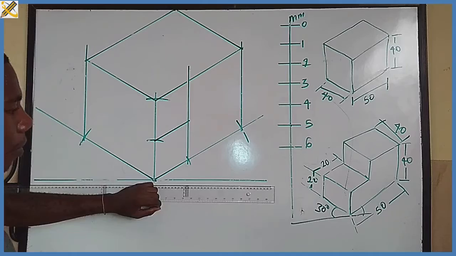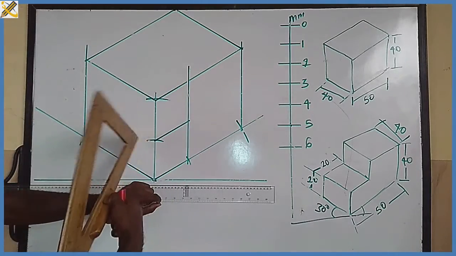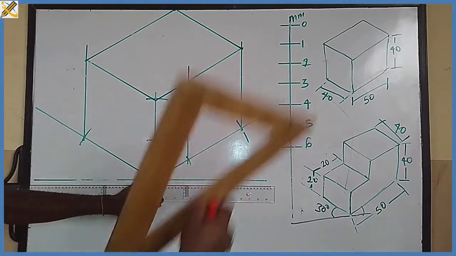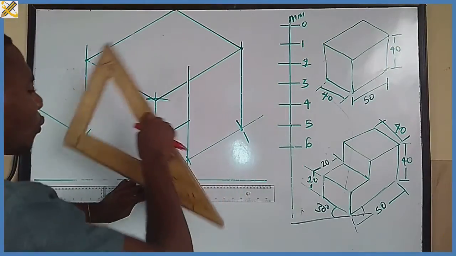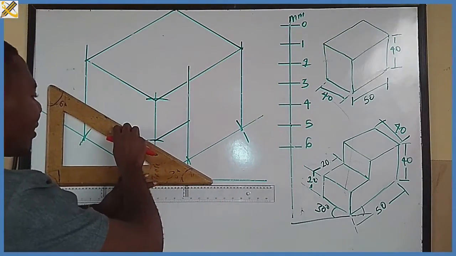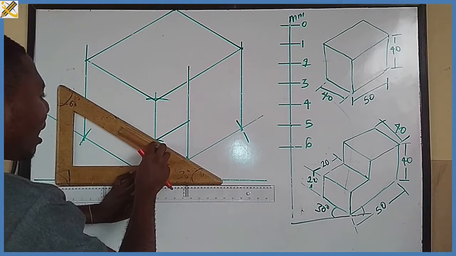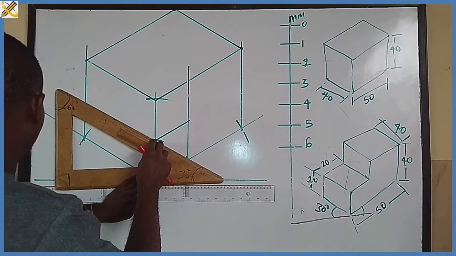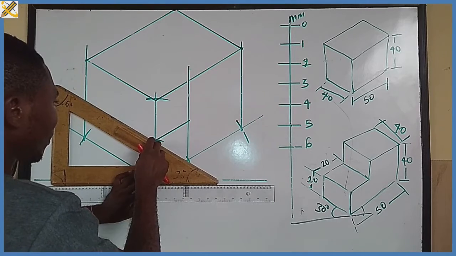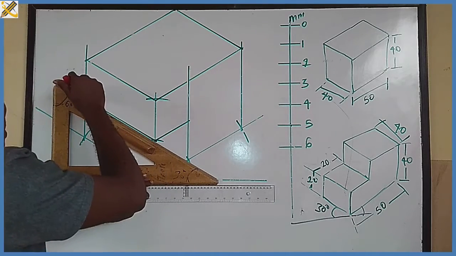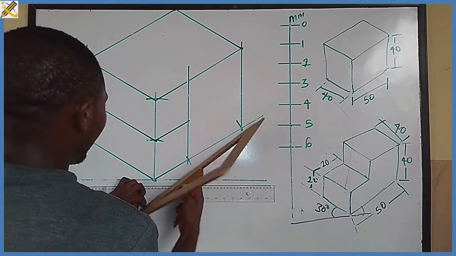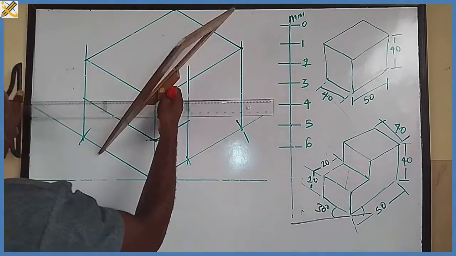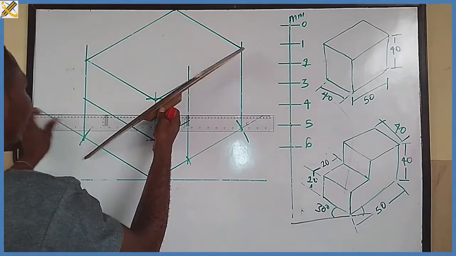Can you see? Okay, so this shape now I'm going to interpret to the back here by the use of my set square. So placing this right here, I'm going to project this down here. Can you see? All right. Likewise, I'm going to project this from the top here.